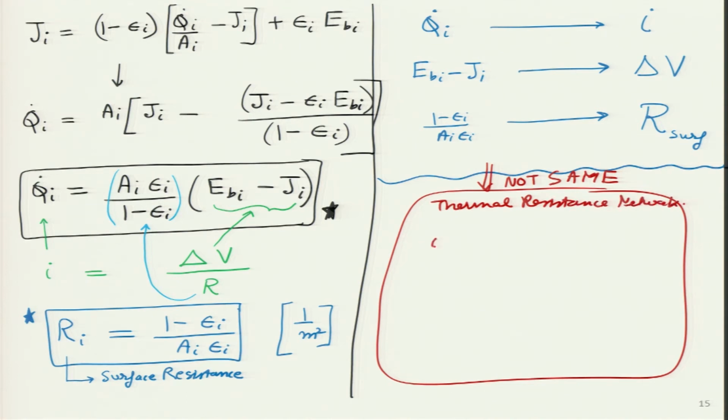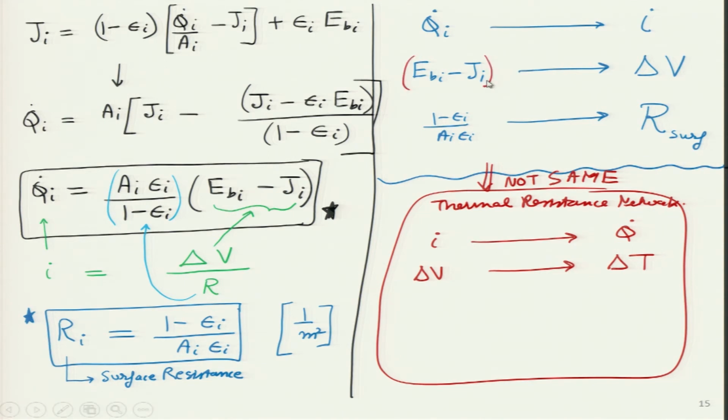There, the analogy for electrical current was q dot, and the analogy for delta voltage was different, it was delta temperature. Here the analogy for delta voltage is the difference in flux, EBI minus JI.